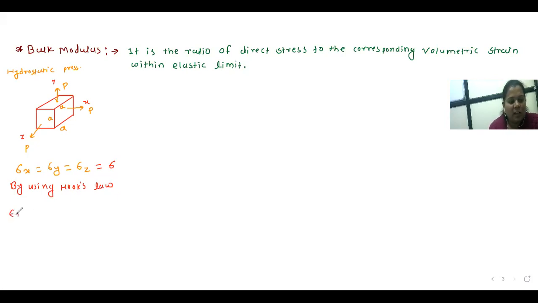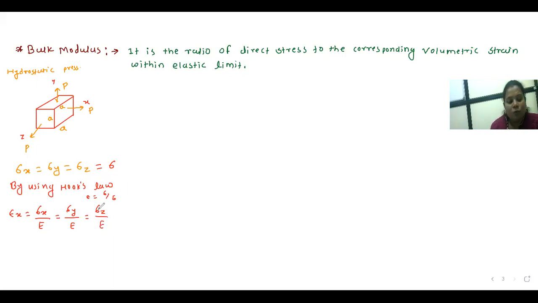So epsilon x is equal to sigma x upon E, and epsilon y is equal to sigma y upon E, and epsilon z is equal to sigma z upon E, because our Hooke's law equation is epsilon equal to sigma upon E.